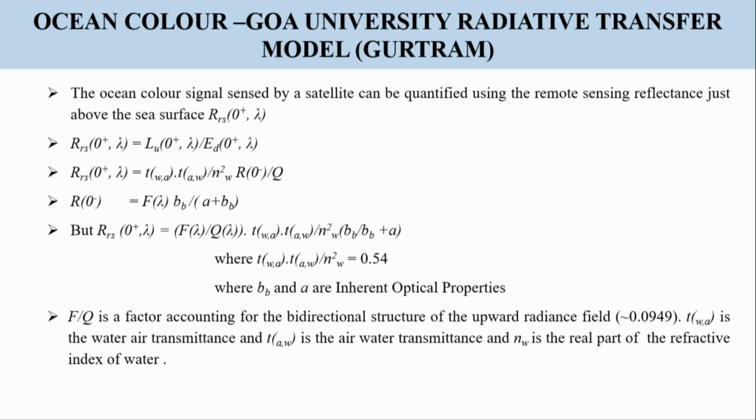Further, RRS(0+, λ) is equal to F(λ) divided by Q(λ) and the remaining TWA, TAW divided by n squared W, into BB divided by BB plus A, wherein TWA, TAW divided by n squared W is equal to 0.54. BB and A, as you know, are the inherent optical properties. F by Q is around 0.0949.